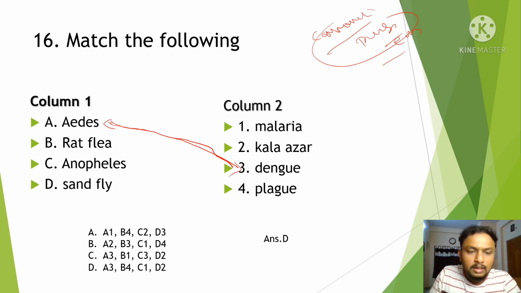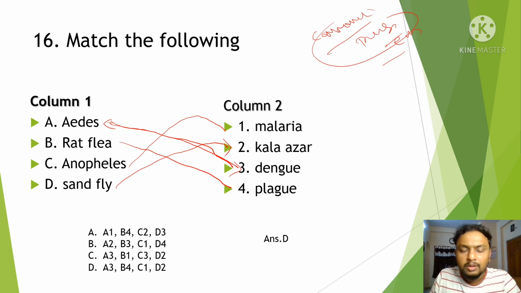Next, rat flea causes plague, and Anopheles is causing malaria. Sandfly causes kala-azar. This is a simple thing. You need to remember the causative agents and diseases, vectors, all those things. If you study, you will get it.